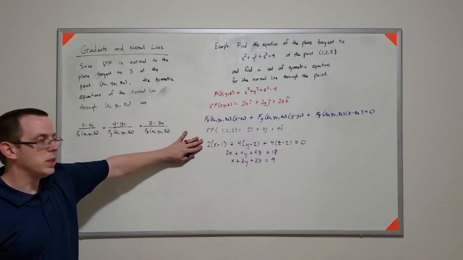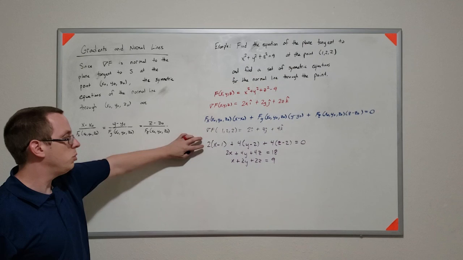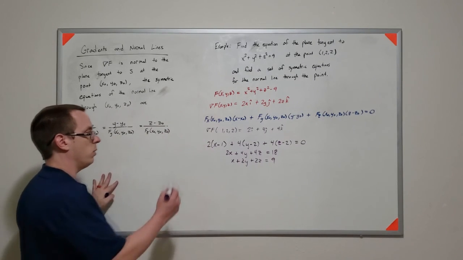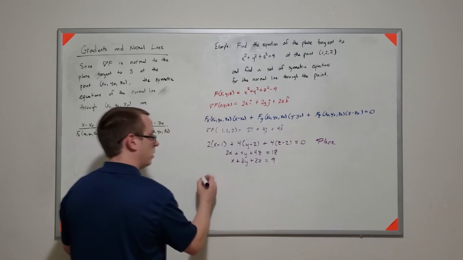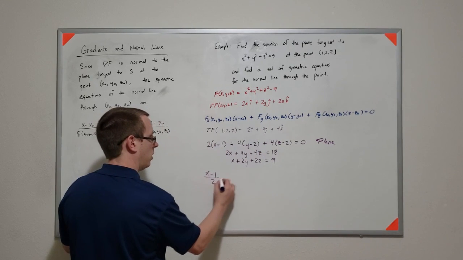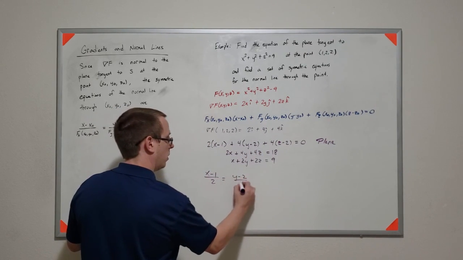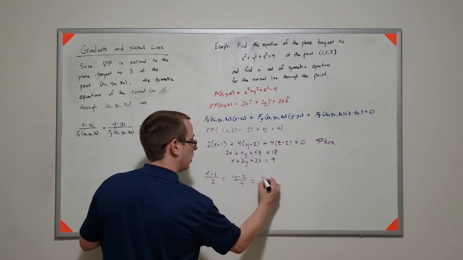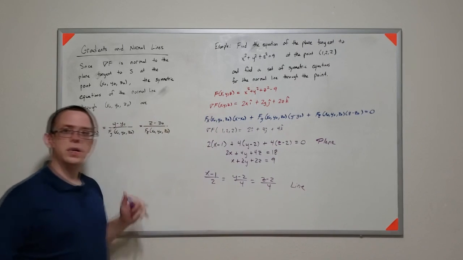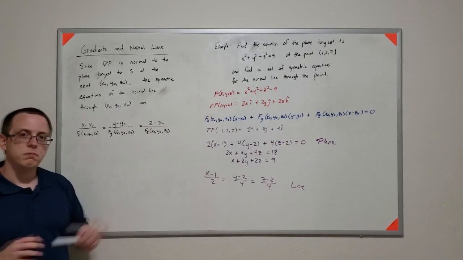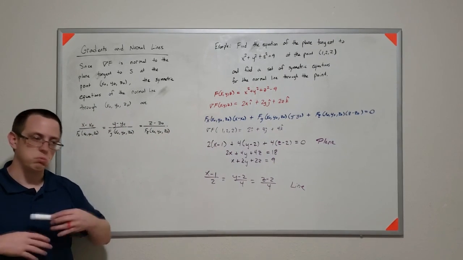And sometimes it's actually easier to leave it like this because you can go straight from this to that one. So this is my plane. And that's my line. And it's really just that simple, just same old stuff.